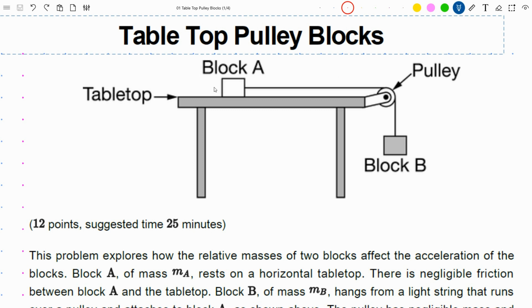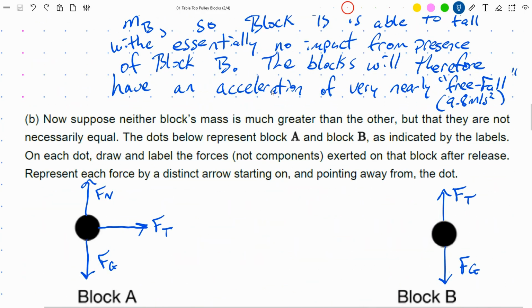You're kind of resolving effectively around the pulley, but just in case you haven't seen a method like that, I'll avoid using it here. Instead, I'll do a slightly longer solution that looks at each block as a separate object. I'll write equations for each object's acceleration, and then bring it all together to get what they've asked me to find.